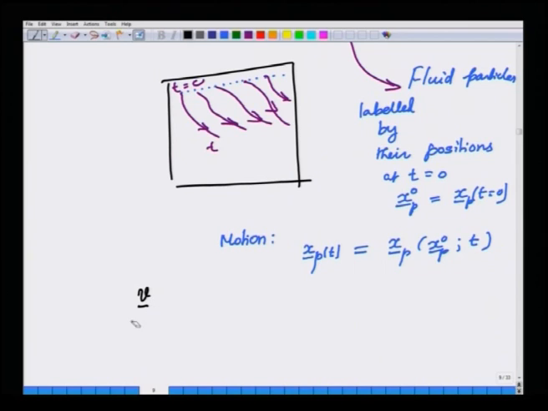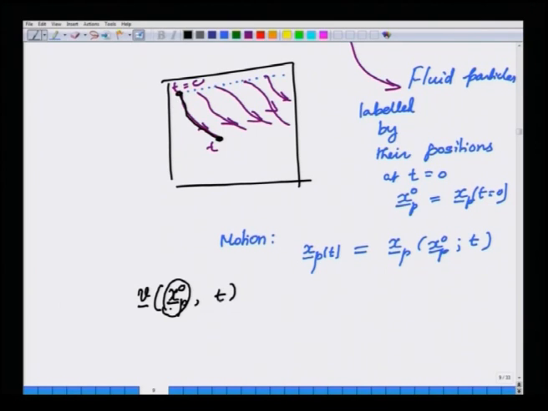The velocity of a fluid particle which was at xp0 at time t equal to 0, that is the label of a particle, and after time t this particle would have moved to some point here.